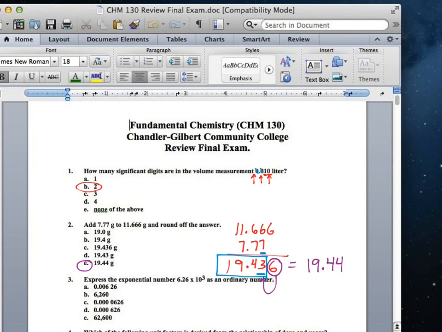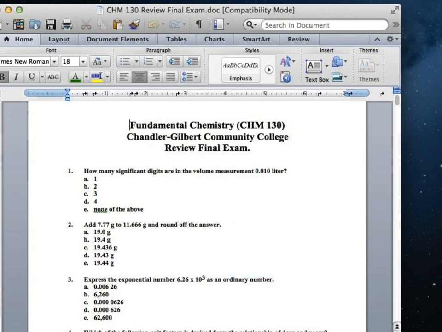Okay, so far. Express, oh man, really? Express the exponential number 6.26 times 10 to the third as an ordinary number. Personally, I think that's a dumb question, but neither here nor there. How do we do that? How would I do it?